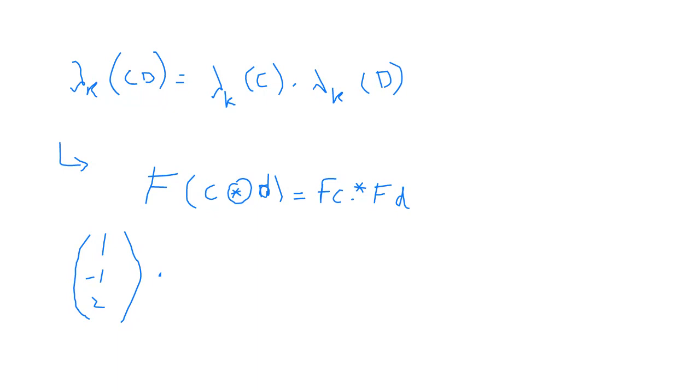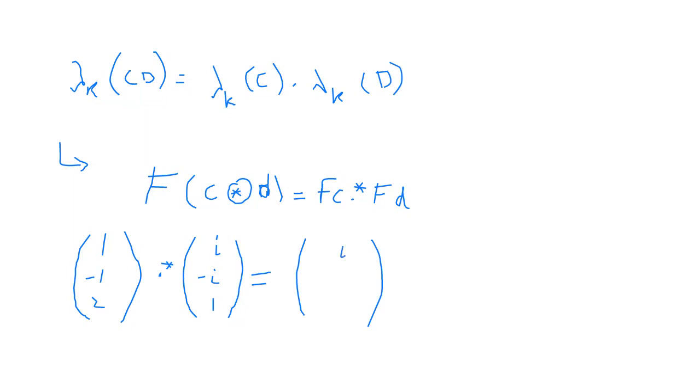And I got the following eigenvalues for D: i, -i, and 1. What is the result of the Hadamard product? It's just the product item by item.